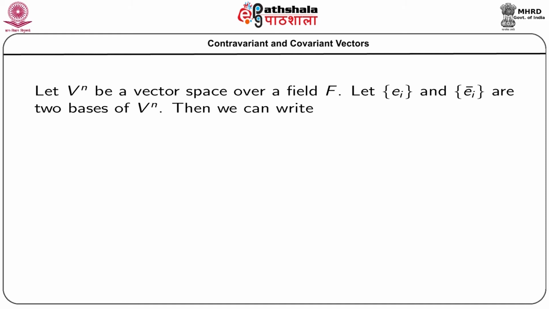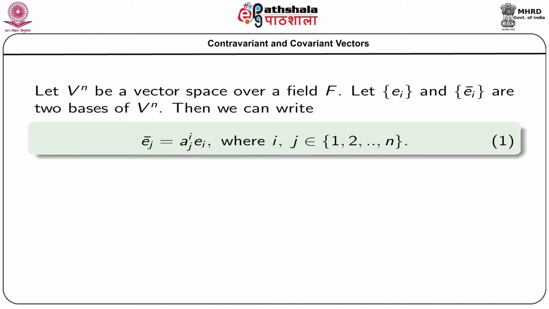So, we can write E bar_j equals A^i_j E_i, where i, j belong to 1 to n, and this summation is given by Einstein's summation convention. We are not writing the summation sign, and every vector can be expressed as a linear combination of the other basis vectors. So, E bar_j is written as A^i_j E_i.